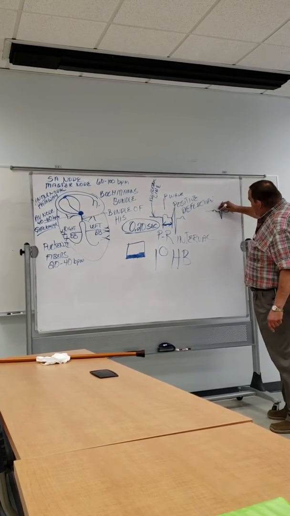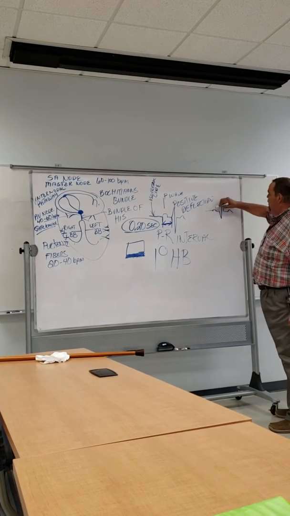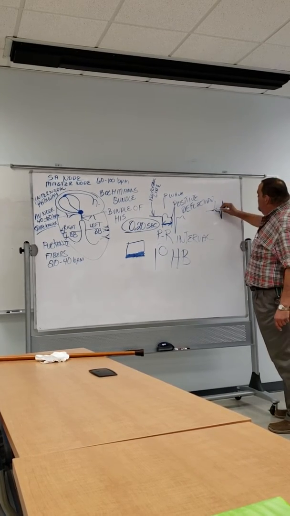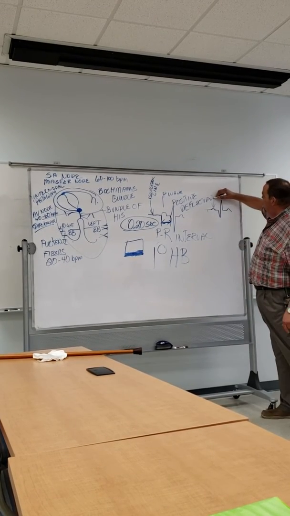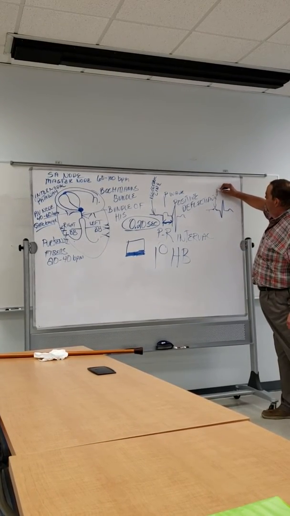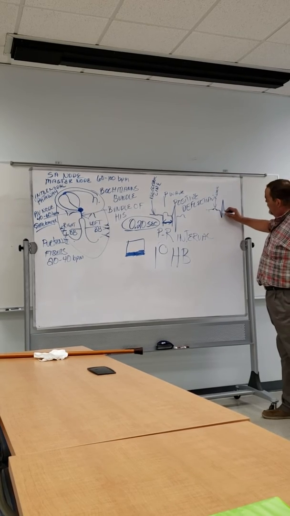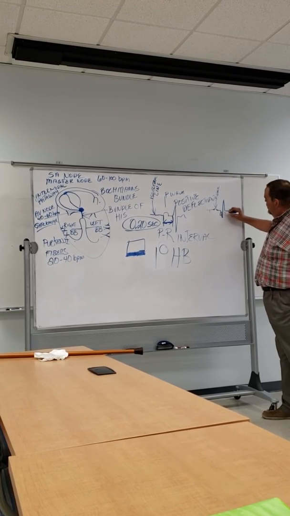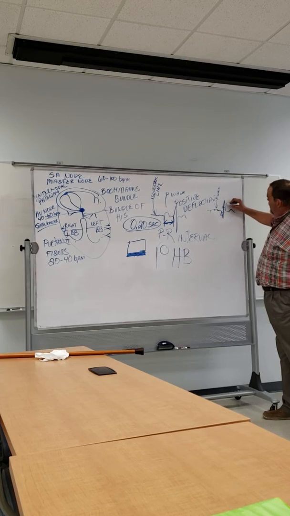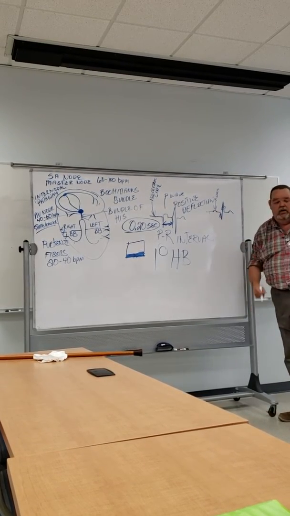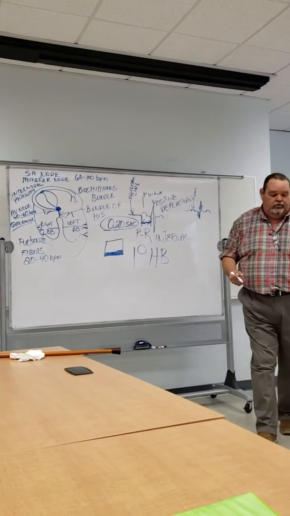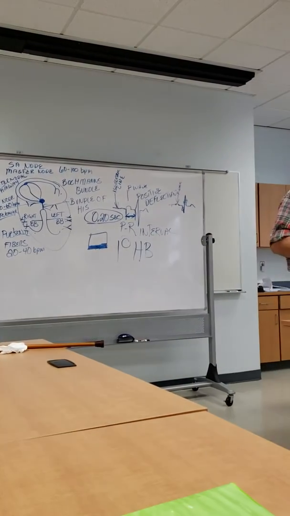I know I'm drawing it upside down, but it's fun. This is your P wave. Okay? It's your isoelectric line. That's your P wave. Now, this is QRS. Okay? That's what it is.